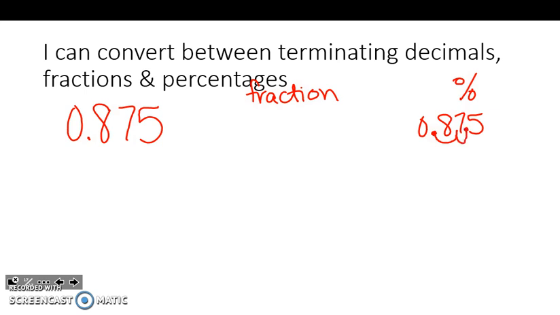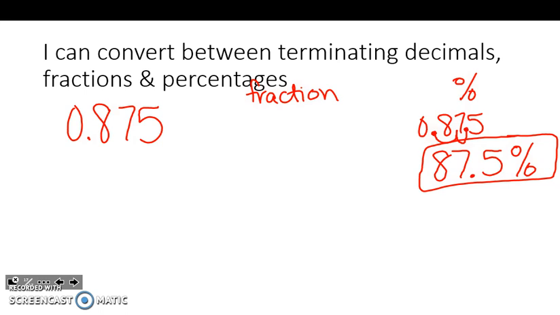So that now it's between the 7 and the 5. And then you have to rewrite it. So we have 87.5, and you have to label with a percent. Okay, so you just move it 2 places to the right if it's going from a decimal to a percent.